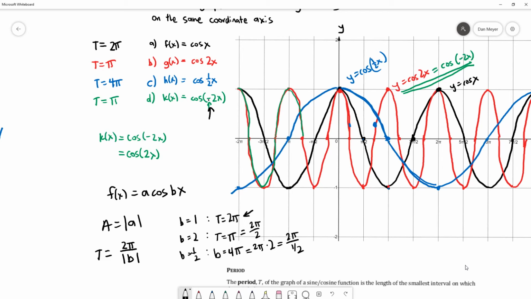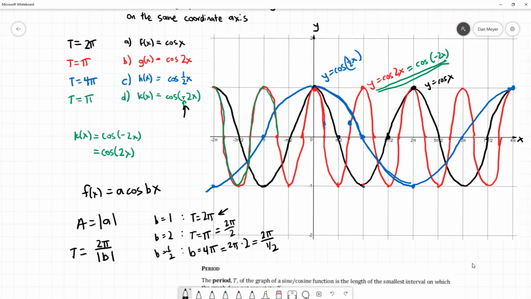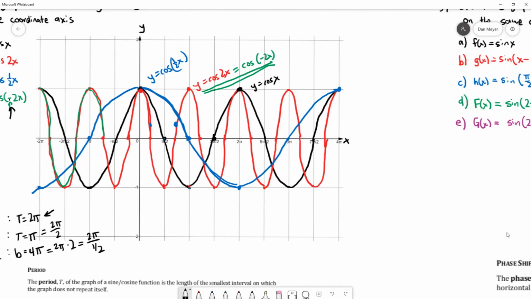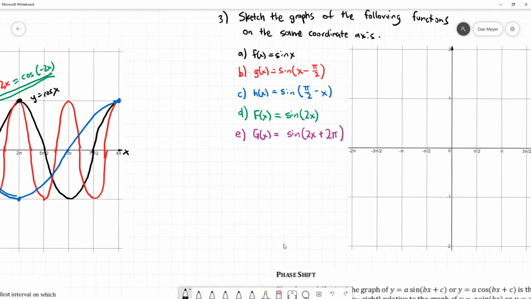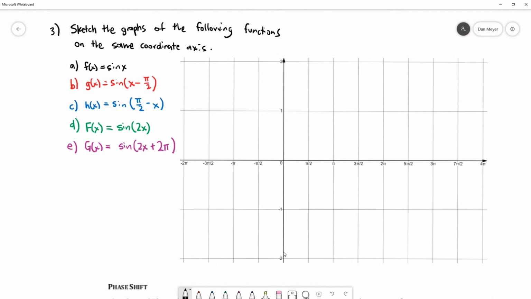So stretching out the x-axis by a factor of 2 makes it look like the graph is being compressed by a factor of 2. But I don't think that's very helpful for most students. I've tried to push that on students in the past, and it wasn't very helpful. All right, so that's period stuff.